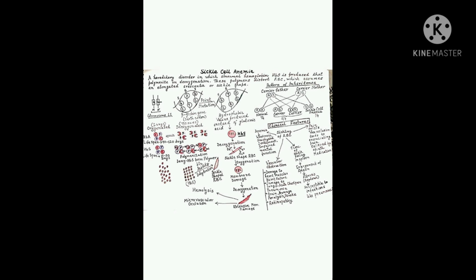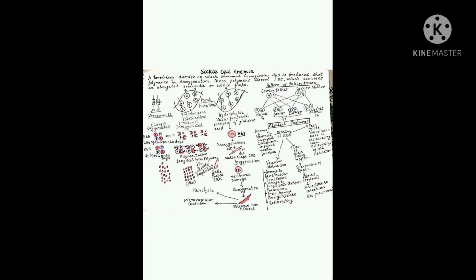And sickling of RBCs also results in excessive breakdown of RBCs. RBCs break down a lot. And the breakdown of RBCs takes place in the spleen. So there is pooling of sickle cell RBCs in the spleen.